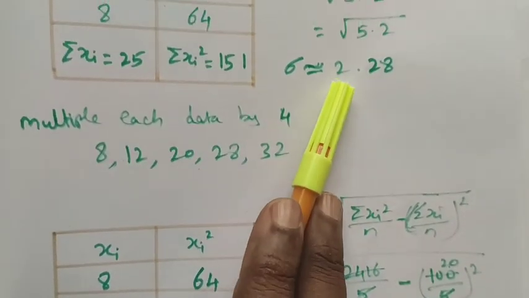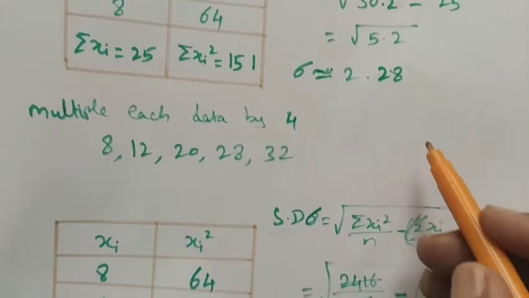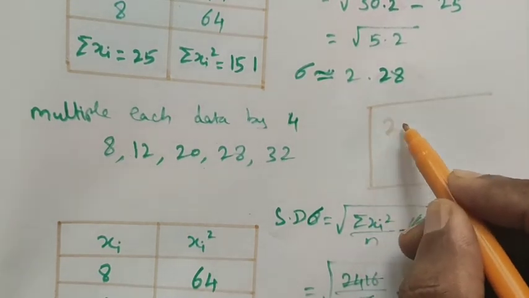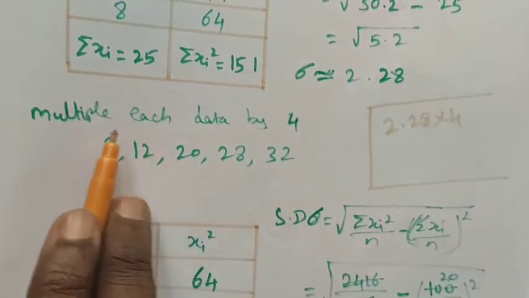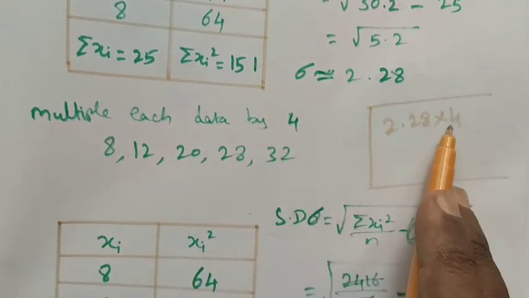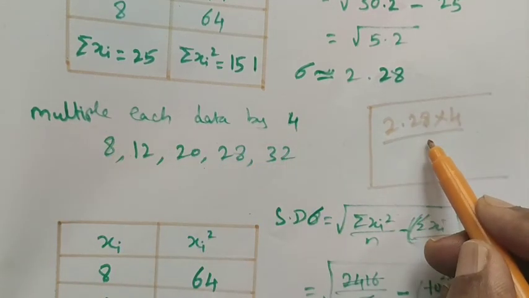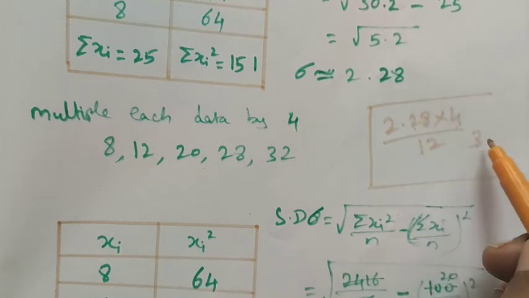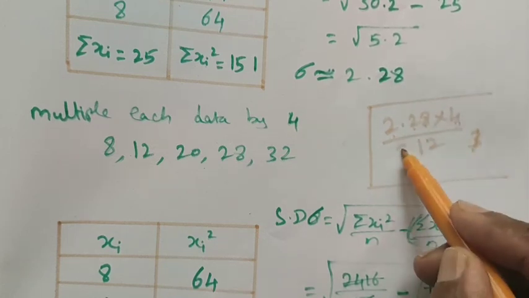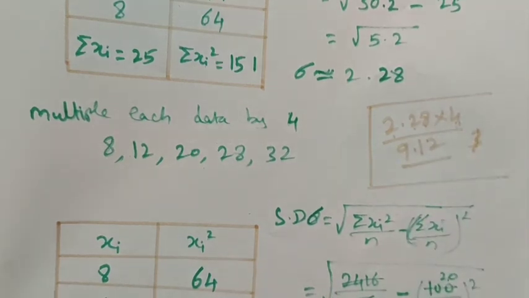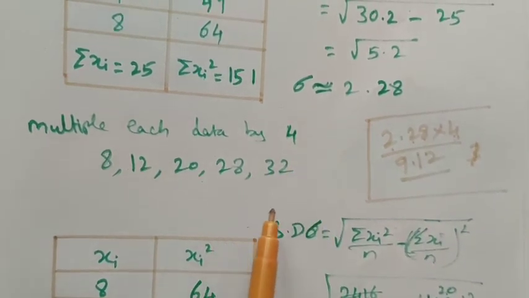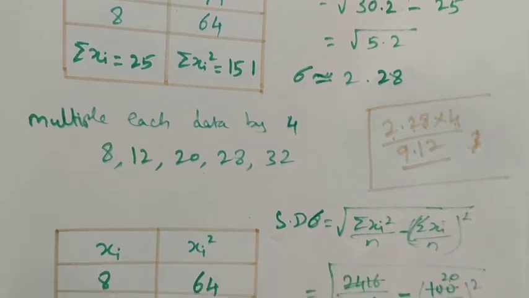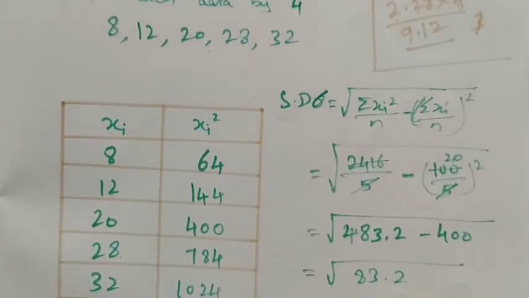When we multiply the standard deviation by 4, here I am doing the multiplication roughly, 2.28 into 4, since each data is multiplied by 4. 4 eights are 32, 4 twos are 8 plus 3 is 11, 4 twos are 8 plus 1, 9. So when we multiply each data by 4, the standard deviation is also multiplied by the same number 4.